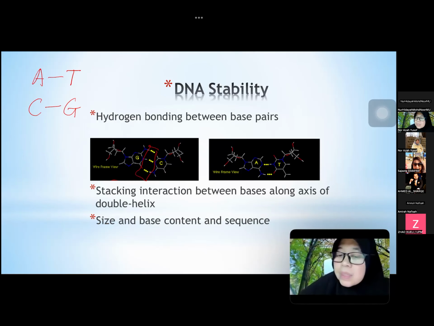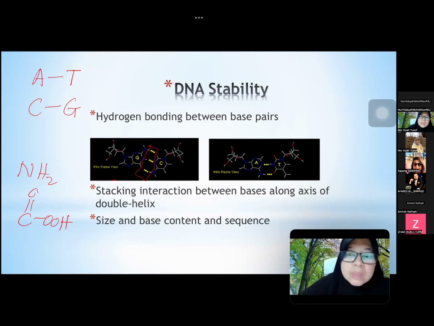Because if you understand the basic structure of nucleic acid, they have amine and they have carboxylic groups. So these are the basic chemical structure of nucleic acid. So not complicated at all.